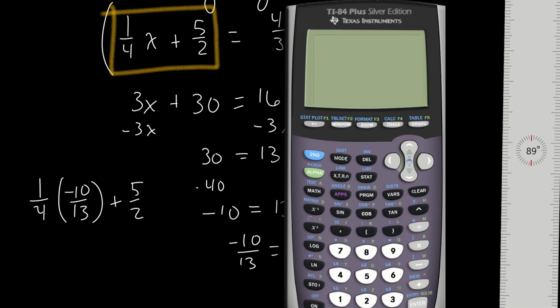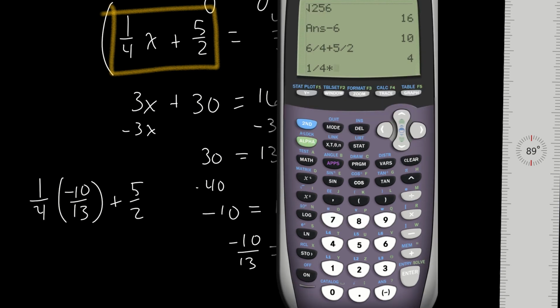So let me grab this calculator because I'm fearful. Watch this. I'm going to do it without the fraction key, and then I'm going to force it to look like a fraction. So I'm going to go 1 divided by 4 times, and then if I need the negative, I got to use this button down below here.